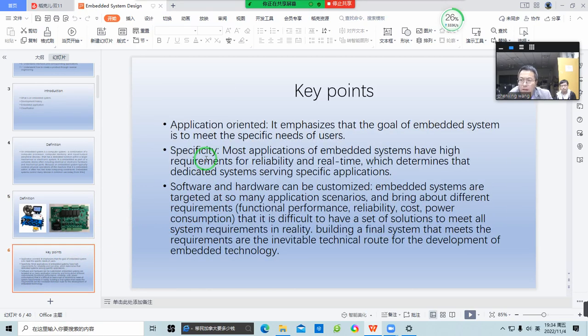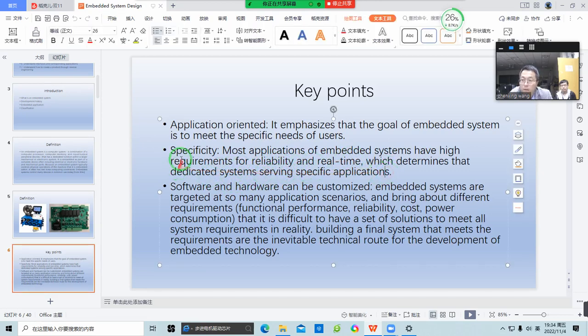Okay. The second is specificity. Most applications of embedded systems have high requirements for reliability and real time, which determines that it is a dedicated system serving a specific application. So, just as I mentioned earlier, the special machine has special requirements, special function.